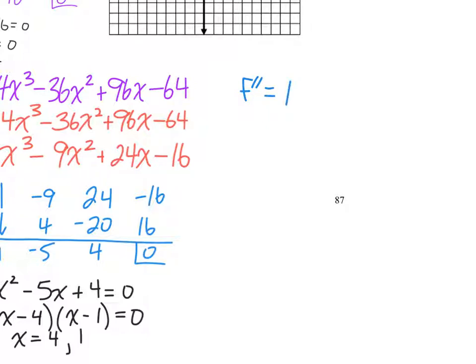So my second derivative would be 12x squared minus 72x plus 96. Set it equal to 0. Go to GCF again.